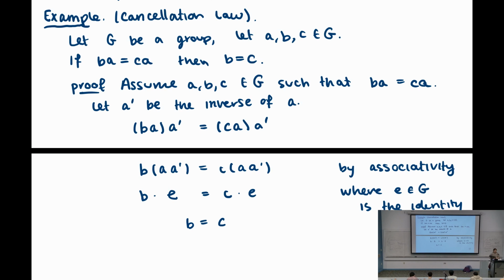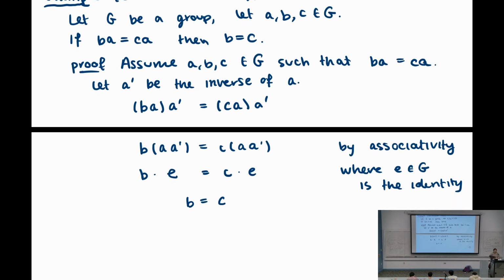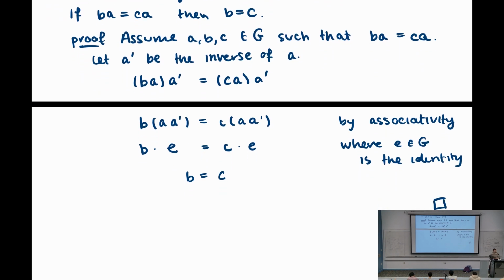Okay, so that was the group cancellation law and if-then statements. So now we'll talk about and statements. This is the second type of mathematical statement that arises. So if we have a statement P and Q, we want to show that P and Q is true.